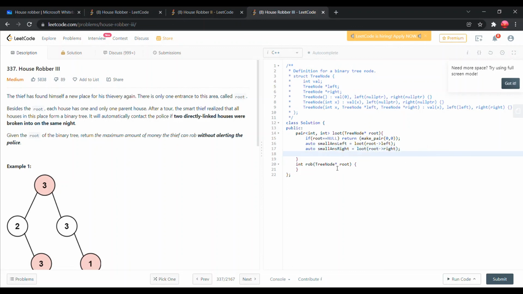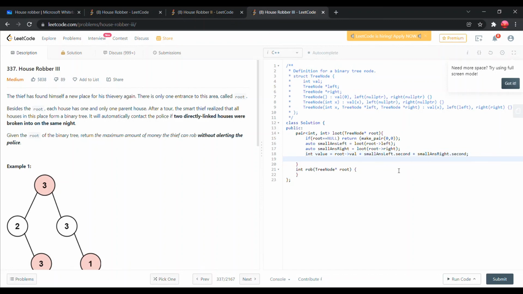So now what is val here? Like what we did before, val is going to be equal to, let me not call this val, let me call this value actually, otherwise you get confused with val. So root val, right? Because that's value, nums of i, plus the value at the grandchildren, right? So small answer left dot second plus small answer right dot second.